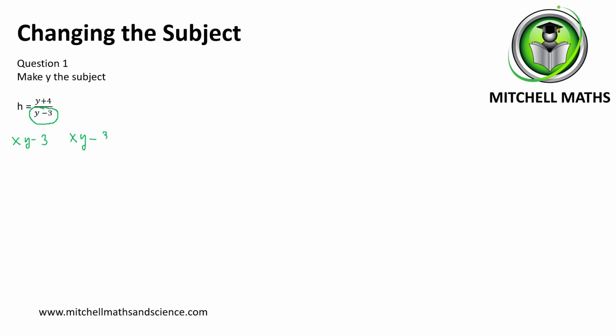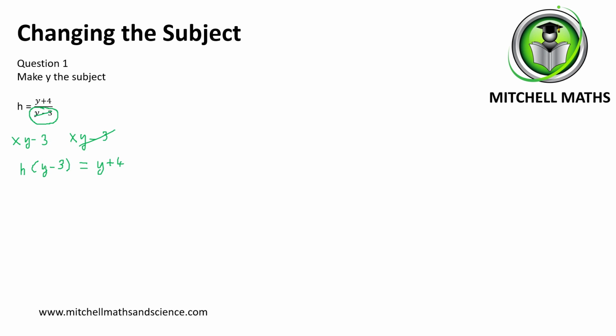What that'll give us is on the left hand side we'll get h. Now I always put it in brackets, and there's a really important reason why I do that. On the right hand side I'm left with y plus 4 because this y minus 3 has cancelled out.